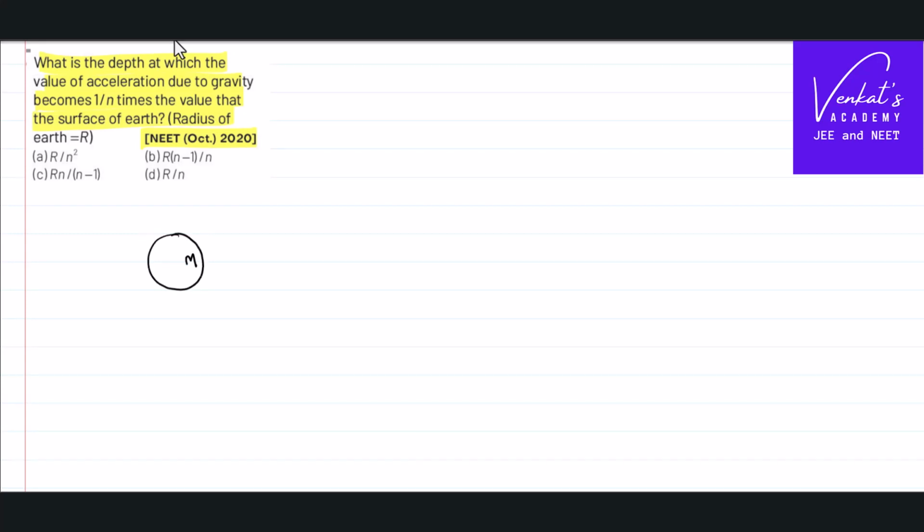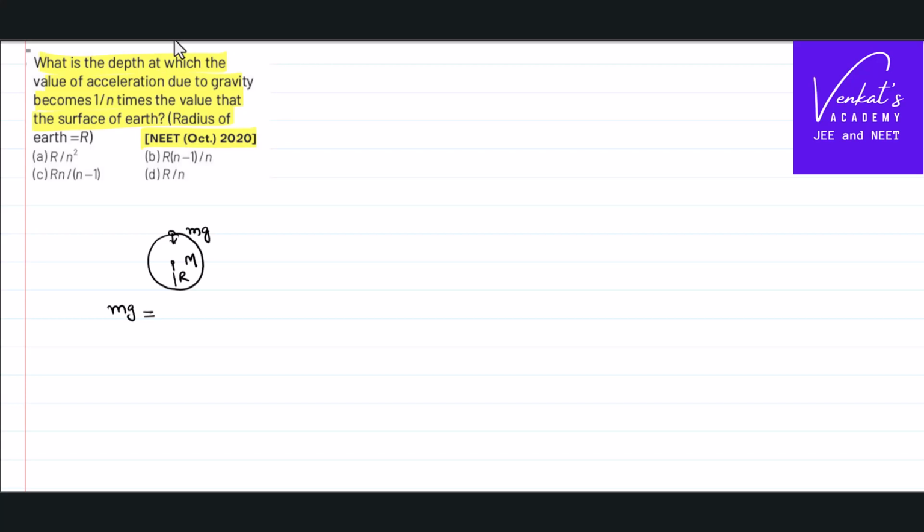The earth having a mass M, radius R. On the surface of the earth, the weight acts in downward direction, mg.